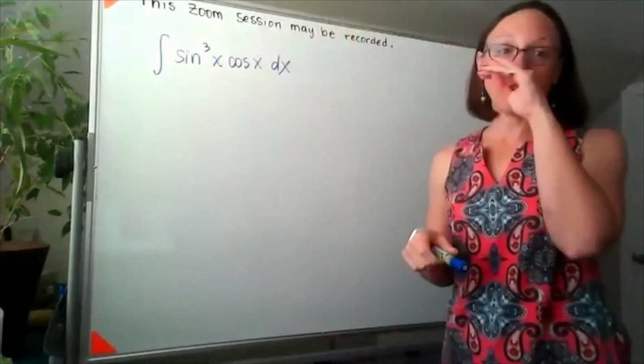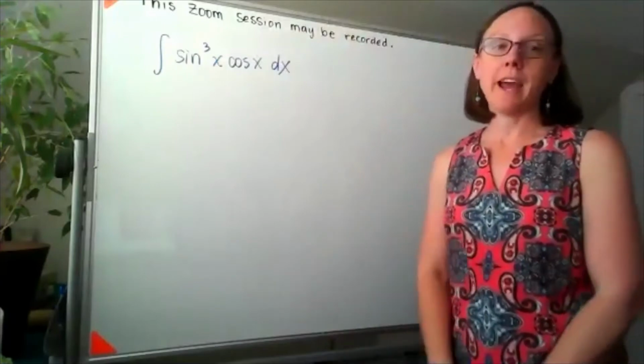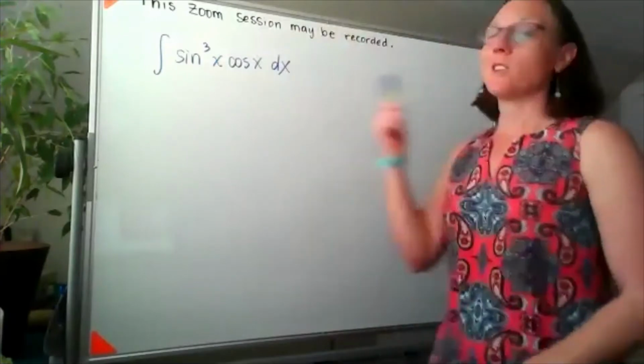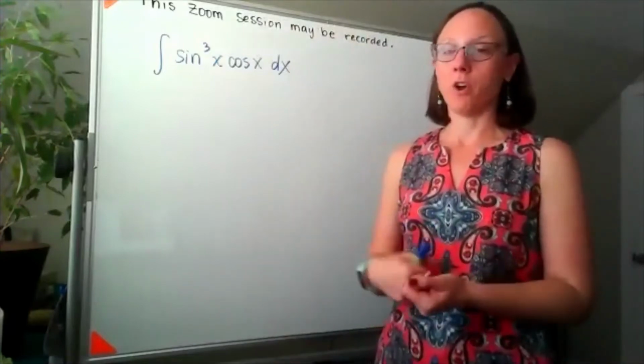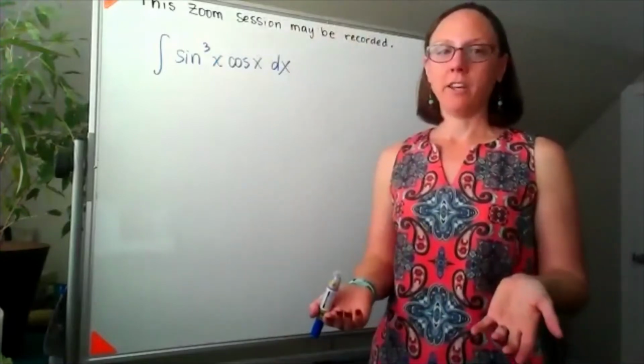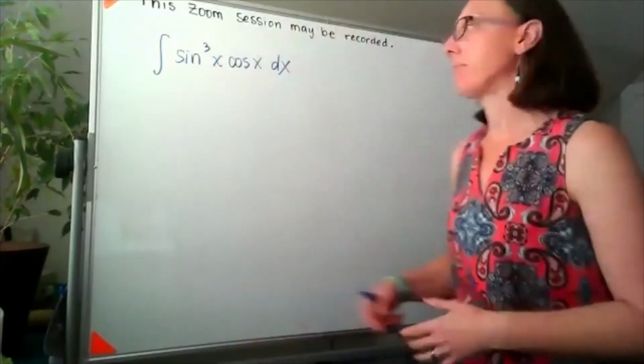Here I've got a trig function. So I'm trying to find the antiderivative of sine cubed x, cosine x. So here's one where the derivative of sine is cosine and the derivative of cosine is negative sine. So we might be thinking that we could choose either one for u.